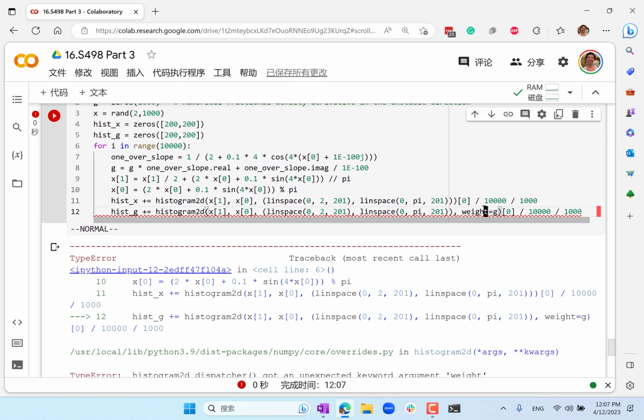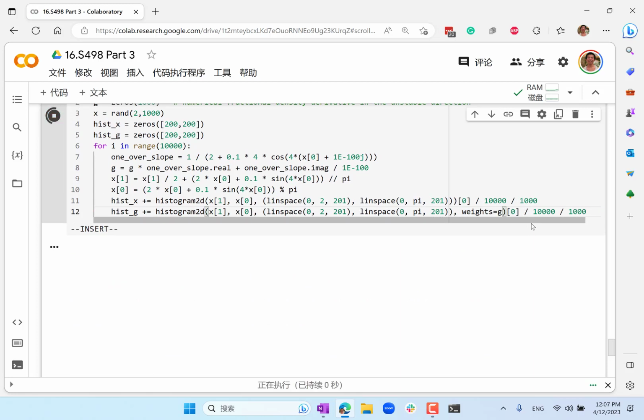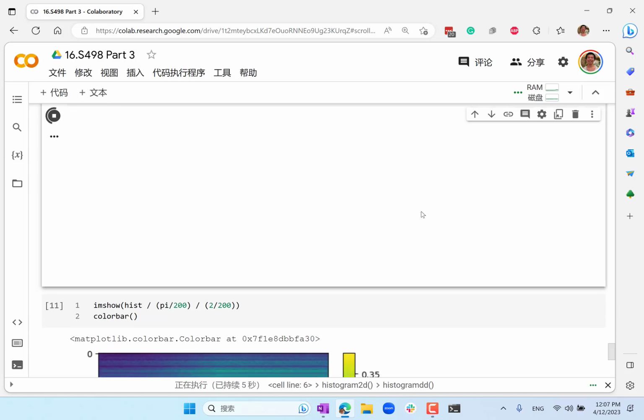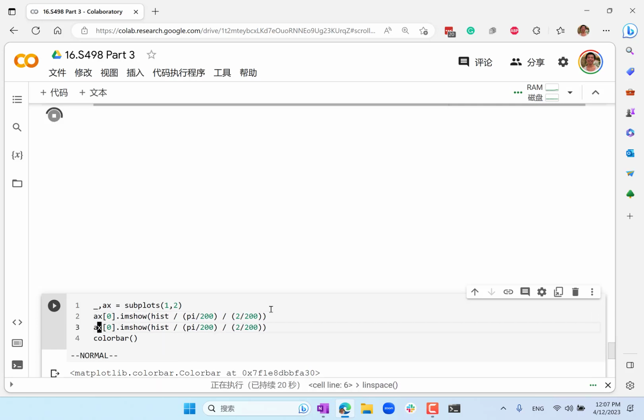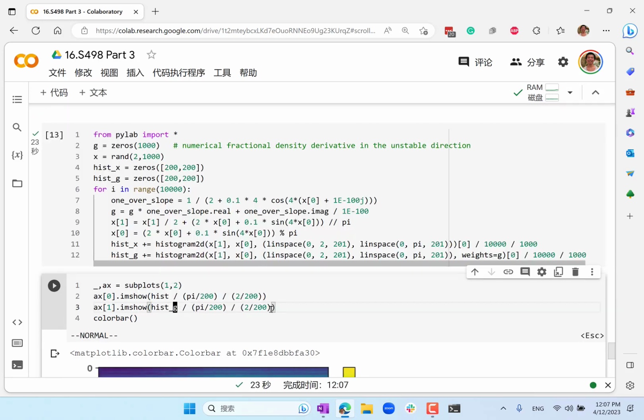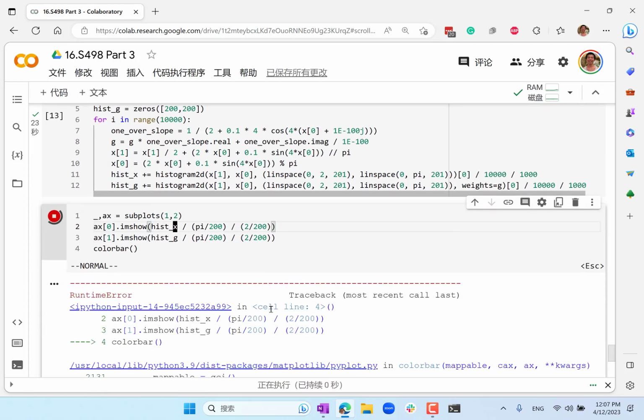Unexpected. Oh, maybe it's called weights. Okay, and then let's actually make 2 figures. And we're going to show a hist of g.